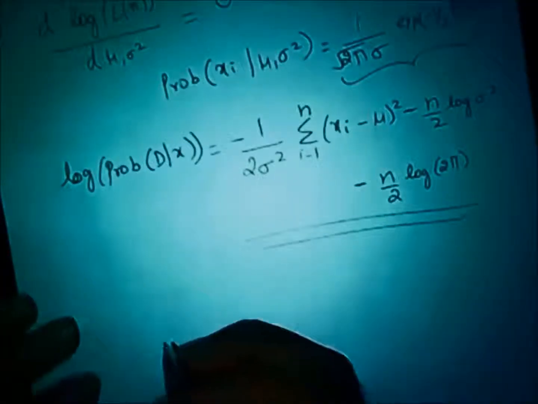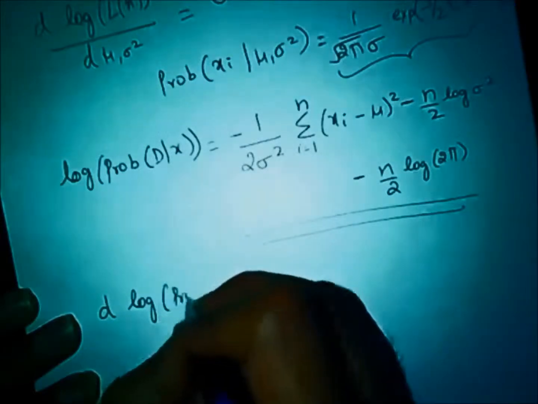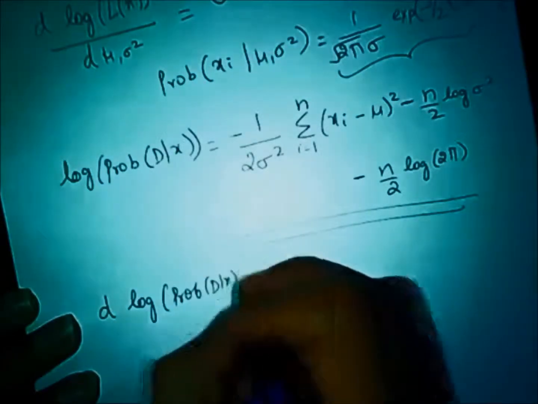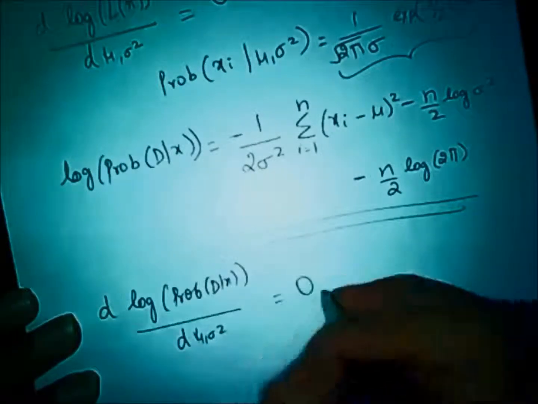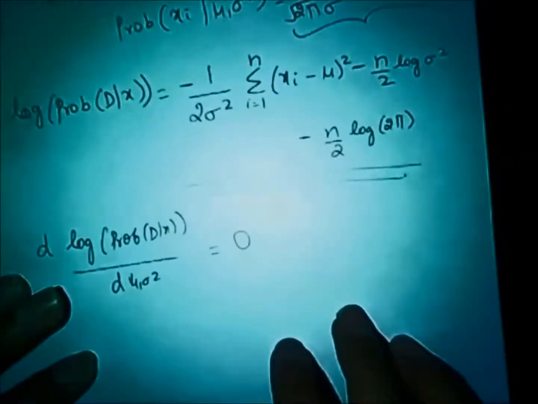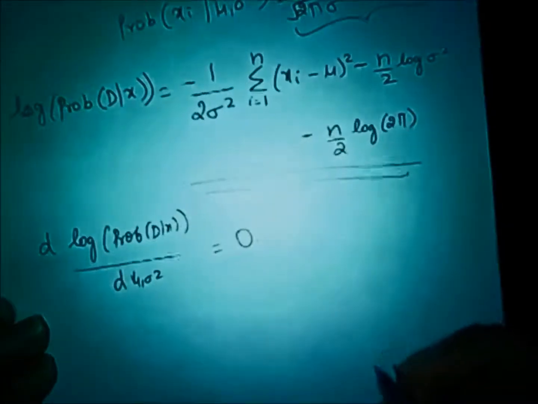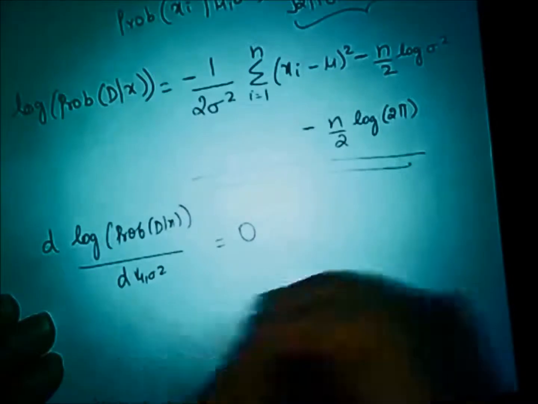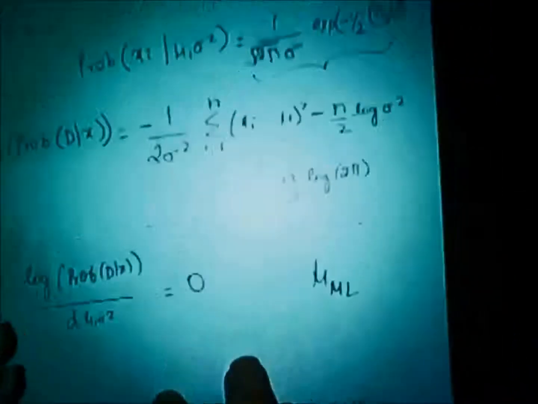So now that we have this, as you know, we are going to take the derivative of the log likelihood and set it to 0. First I'm going to differentiate with respect to mu and then find out mu ml.